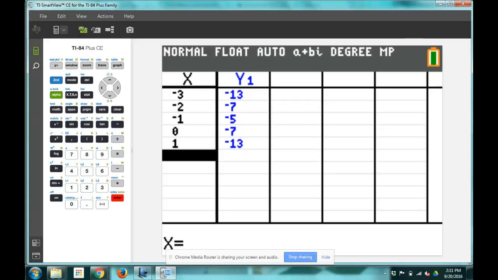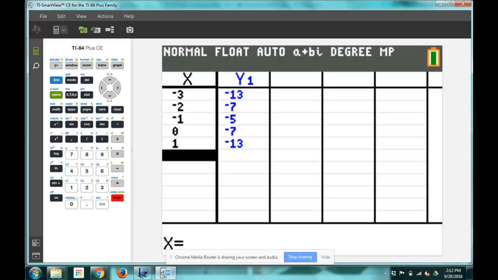Anybody else not able to type them in? I've got something going on here. It's calculating, it's not necessarily something you have to have.